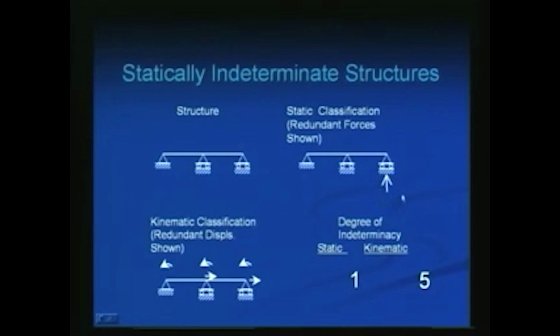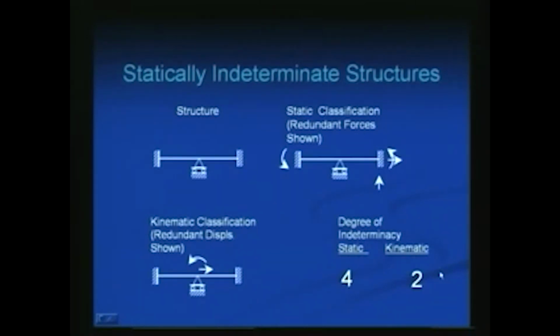So there is only one static indeterminacy. Kinematic, how many? Let's go through it. 1, 2, 3 joints. 3 into 3, 9. How many restraints? 1, 2, 3, 4. Restraints total 4. Then 9 minus 4, 5. Static indeterminacy is 1 and kinematic indeterminacy is 5.